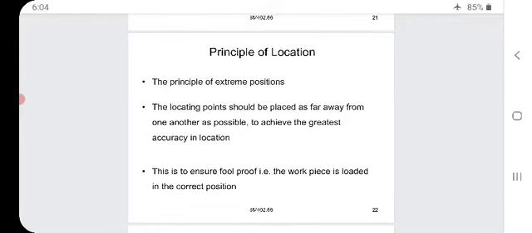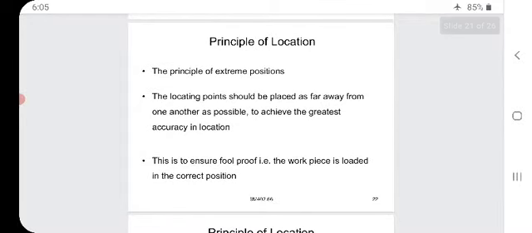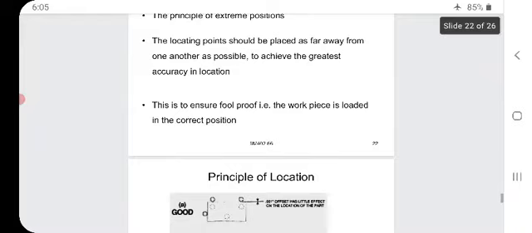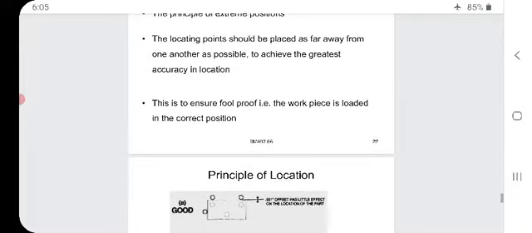Because they should not be kept near, side by side, one by one like that. The main thing we have to consider is to place them as far away from one another as possible to achieve the greatest accuracy. So this is to ensure foolproofing, that is, the workpiece is loaded in the correct position.